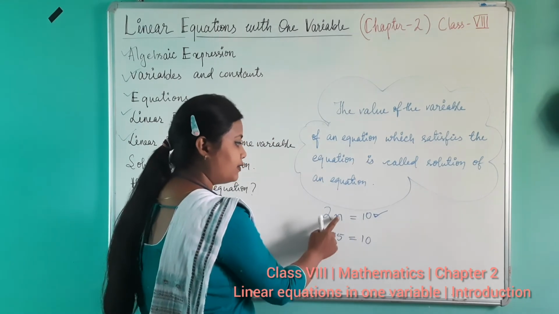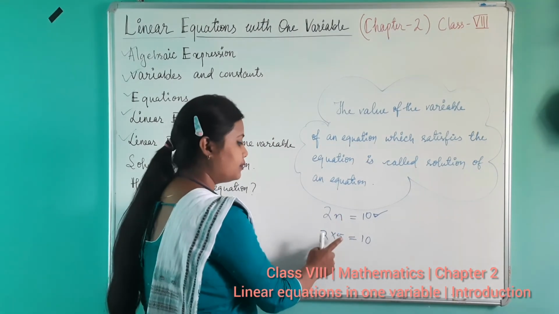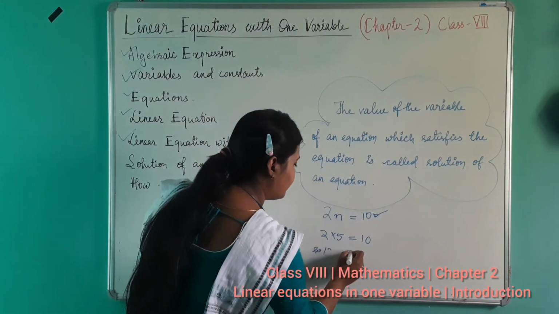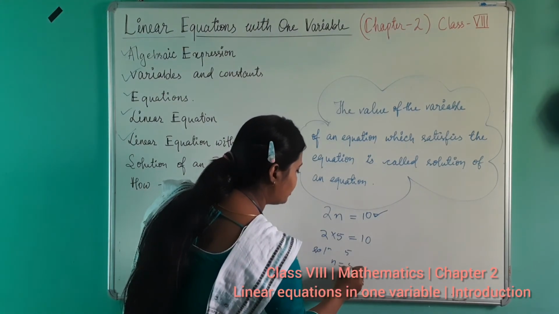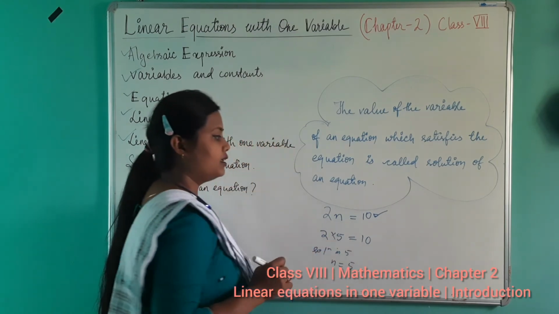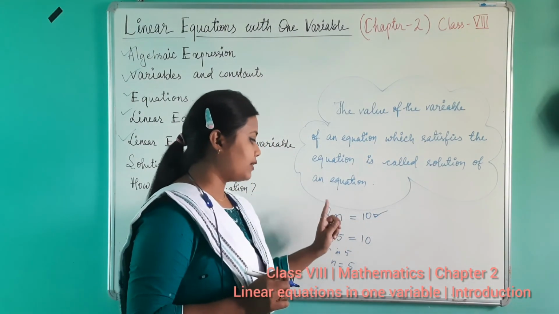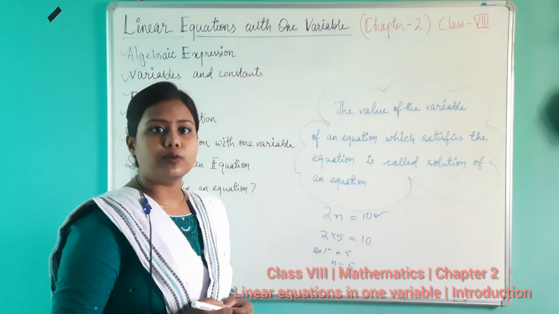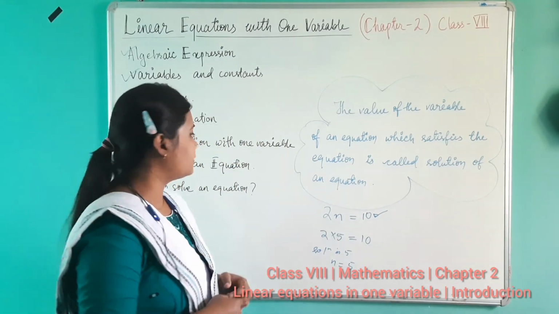So the value of n, the variable, is 5. So here the solution is 5, means n equals 5. So in this equation, the value of the variable is 5. So the solution of the equation is 5. I hope you are clear with the solution of an equation.